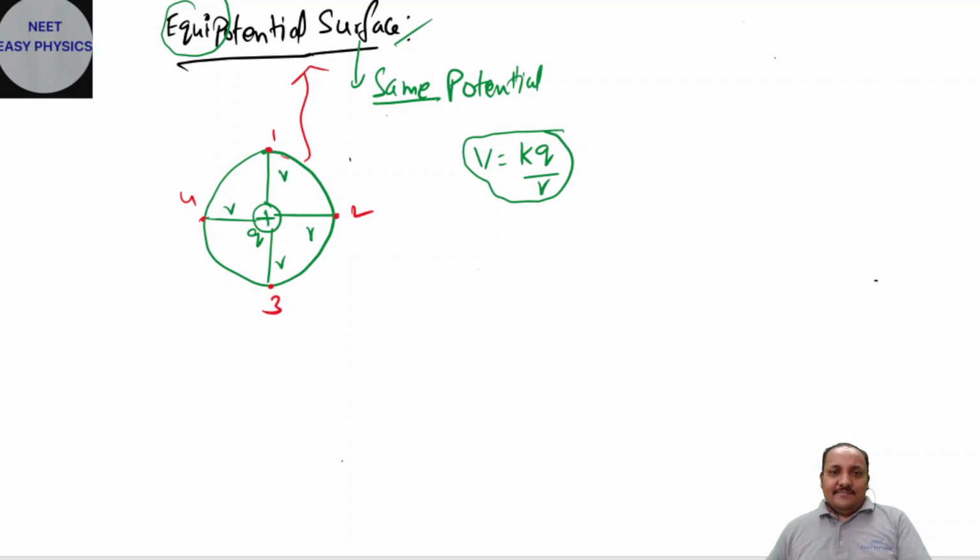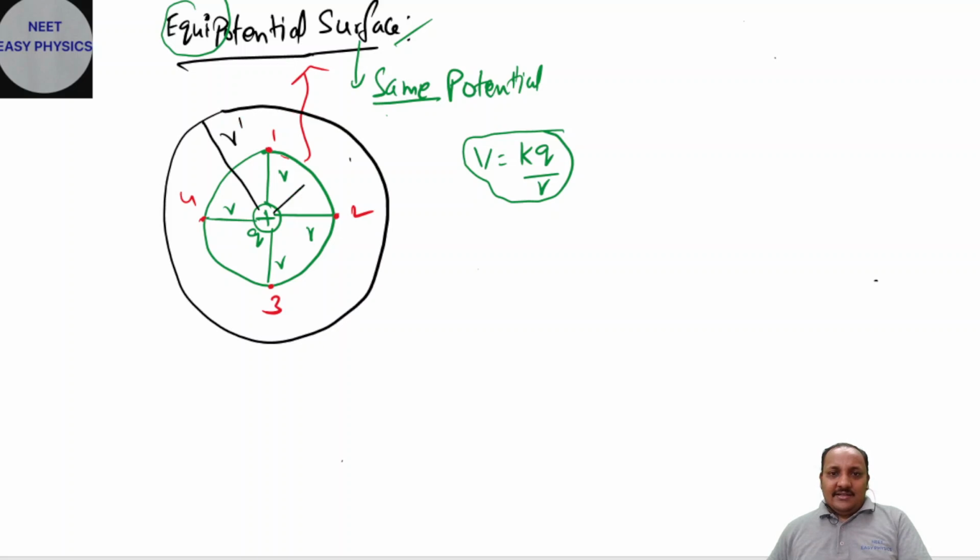If we are taking another distance, let us assume that it is r dash. Now, at this distance r dash, again, potential is going to be the same. Now, what is the potential on the second surface? Kq by r dash.